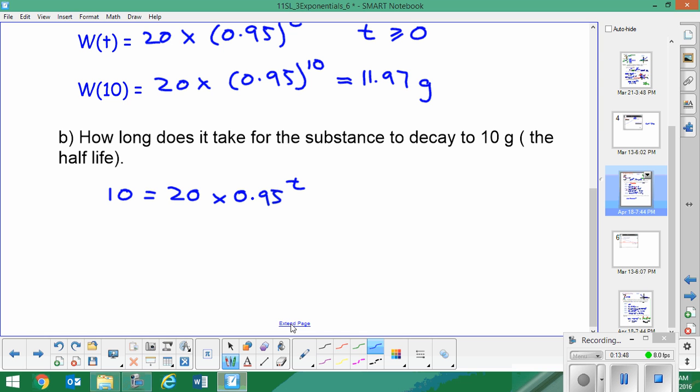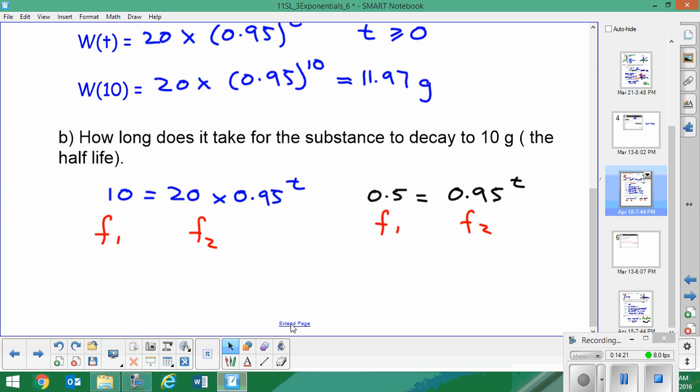So as I said, you could put that into your calculators where you've got your first function, the second function to get the intersection. Or you could actually divide by your 20, so you're getting 0.5 is equal to 0.95 to the t. So do that division by 20 to get 10 on 20 is 0.5, and then put this in your calculator.